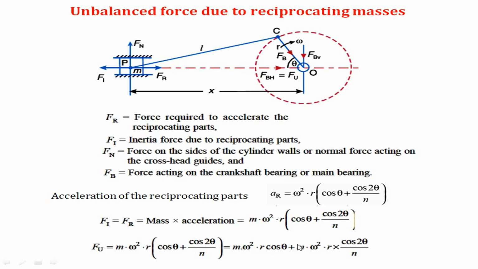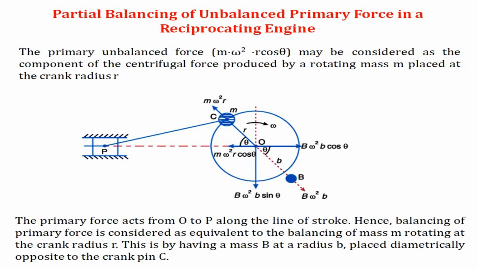So the value of secondary unbalanced force compared to primary unbalanced force is going to be negligible for single cylinder or two cylinder engines. Primary unbalanced forces have a larger value compared to secondary unbalanced forces, so it is desired to balance primary unbalanced forces.